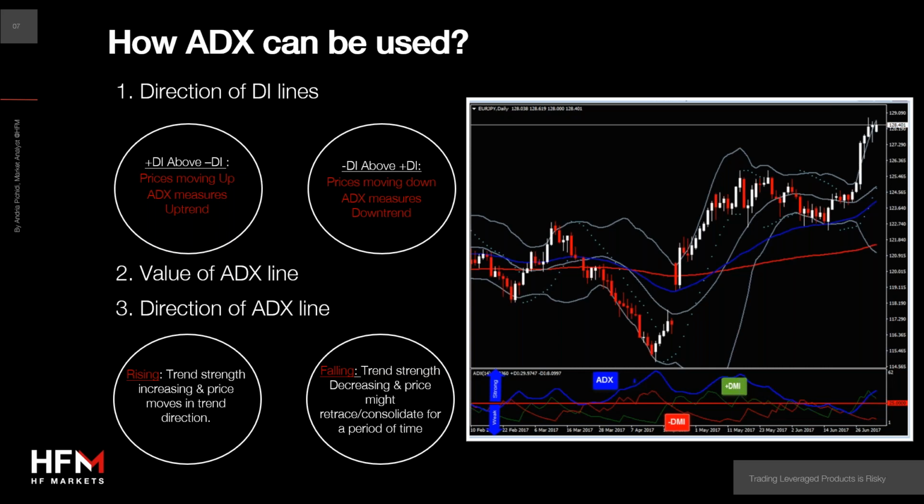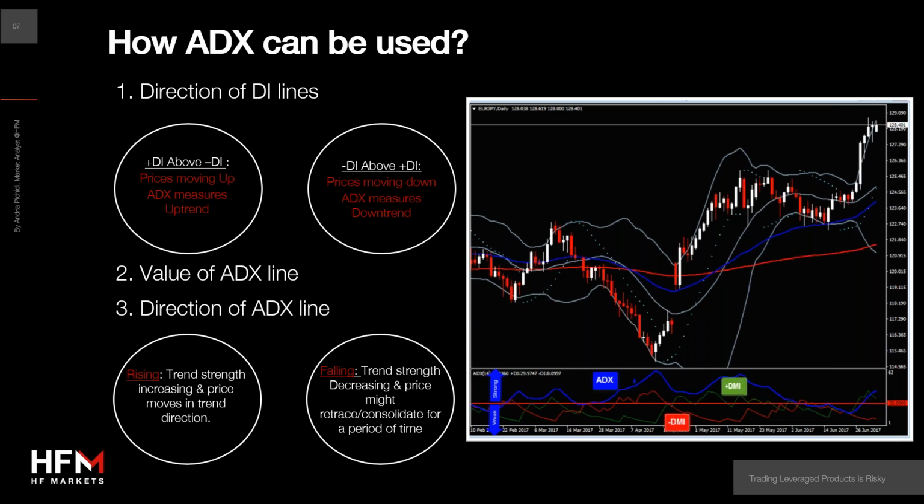What extra information? They're going to let us know whether the prices will keep moving up or turn down in the near future. So let's take it step by step.